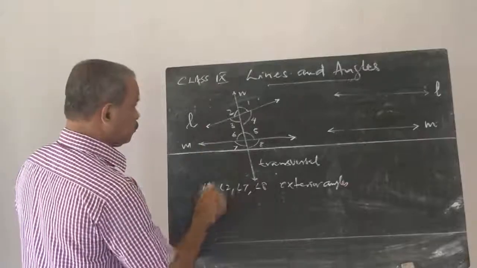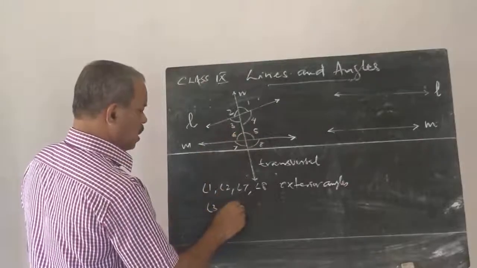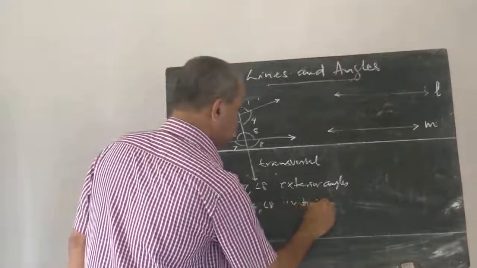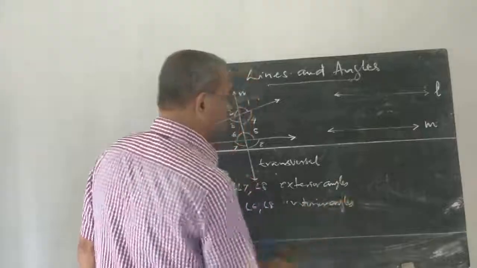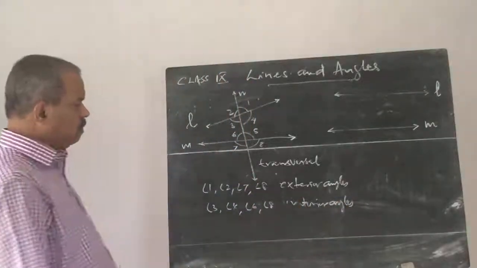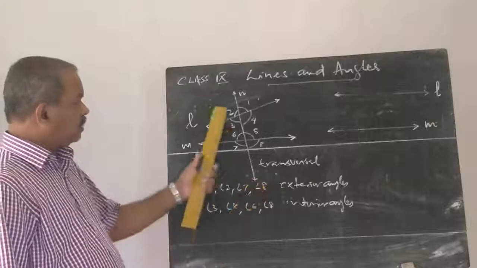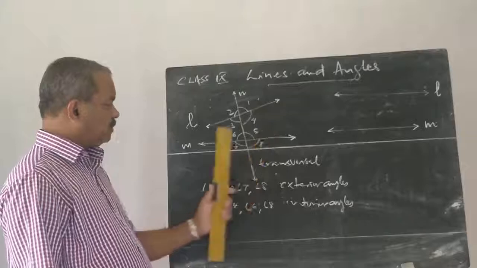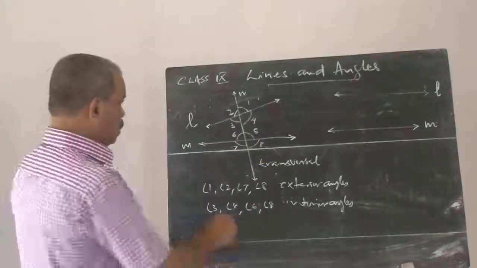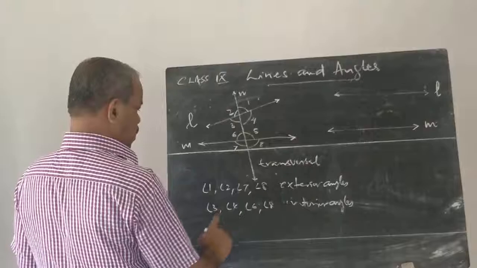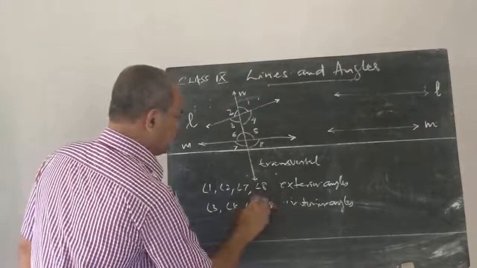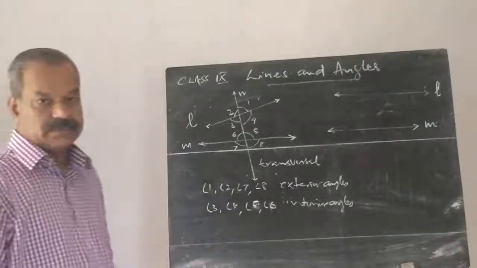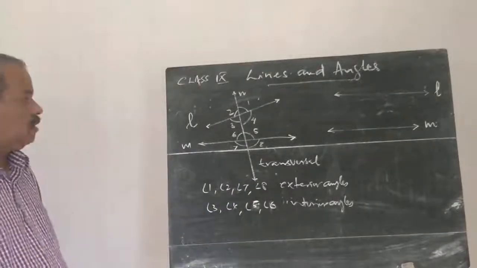Whereas angle 3, angle 4, angle 5 and angle 6 are interior angles.